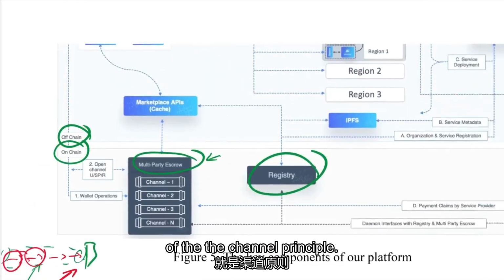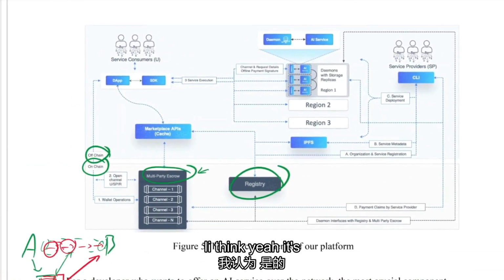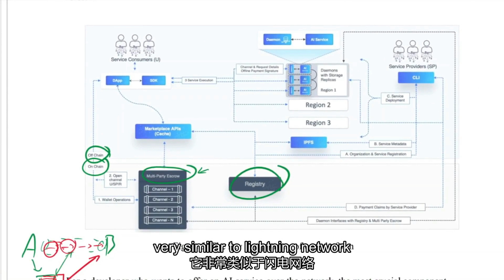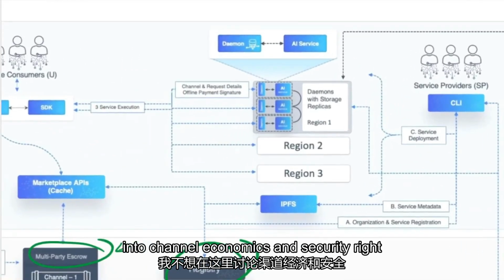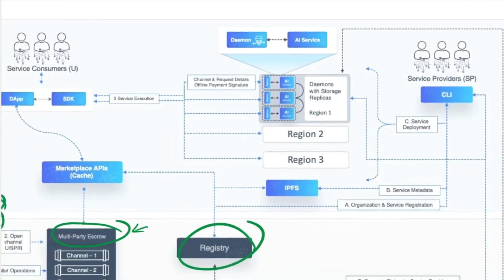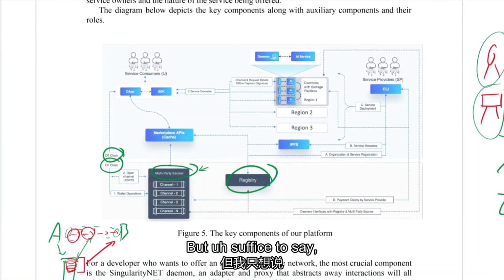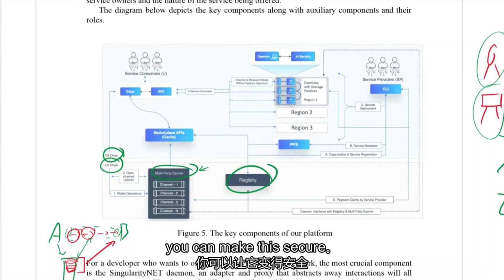So that's the channel principle. It's very similar to Lightning Network, and it's still secure. I don't want to go into channel economics and security right here, but suffice to say, you can make this secure and fast to a certain degree. Okay, so that's how it works.